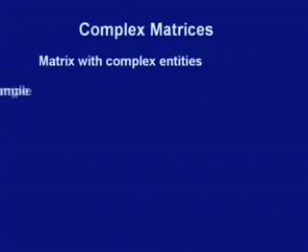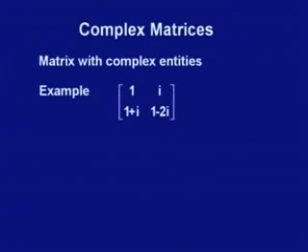For example, this is a 2 by 2 matrix. Its first row second element is i, the imaginary number, while the second row has 1 plus i and 2 plus i, they are complex numbers.